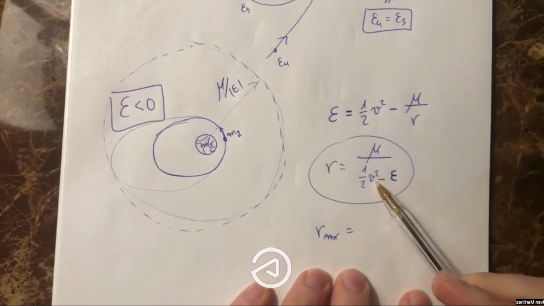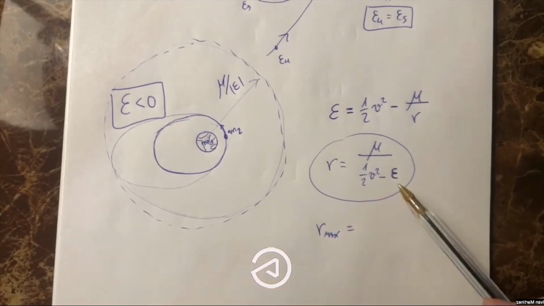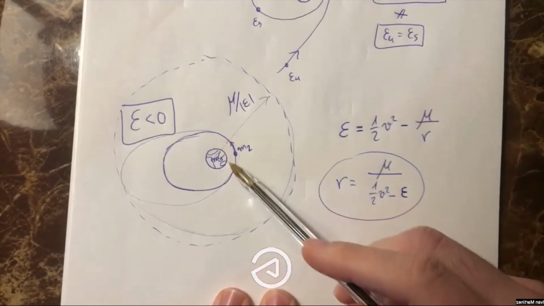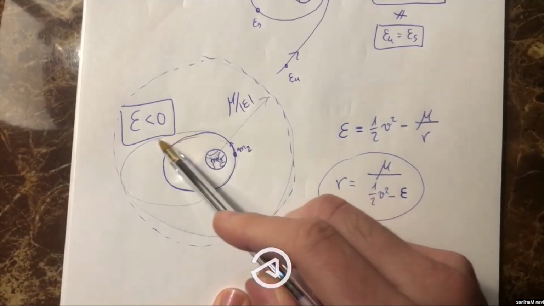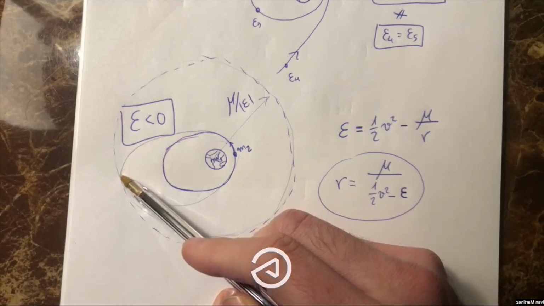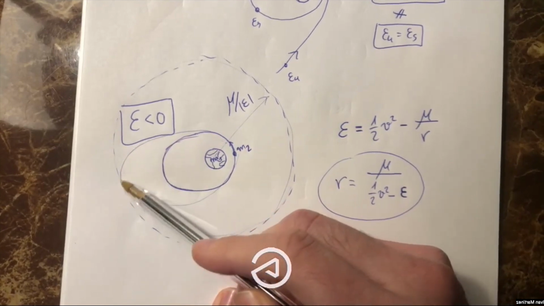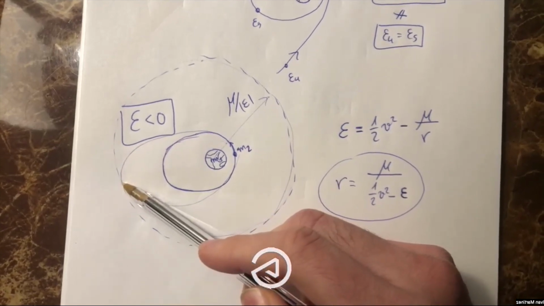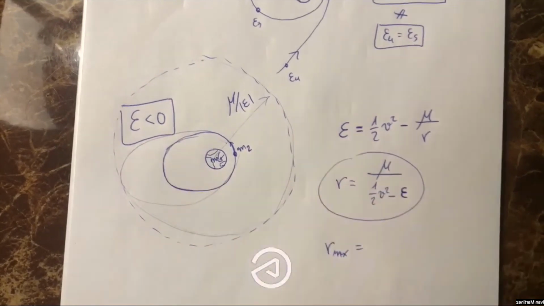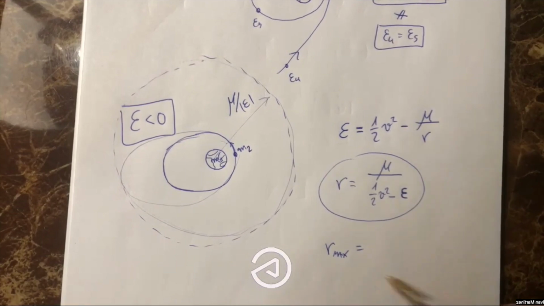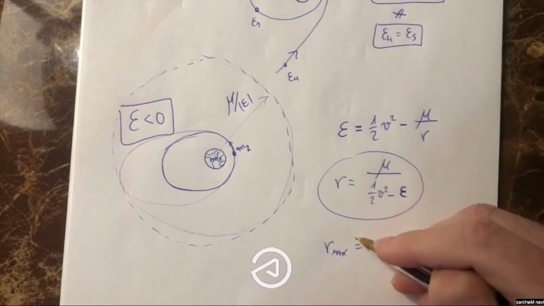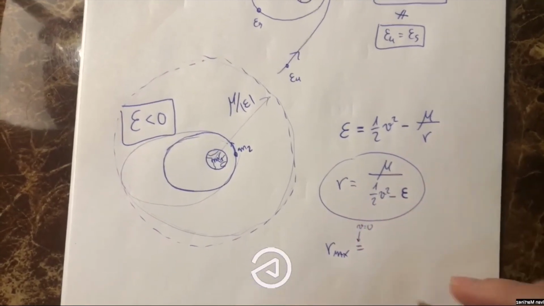That's when it's got zero velocity, because imagine it's traveling away from it, for it to not have any more radius, the velocity needs to stop, right? If it had more velocity, then it would keep going. So we're looking at radius maximum, v equals 0.